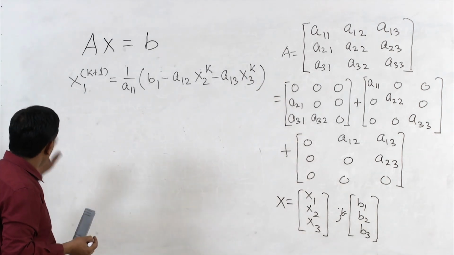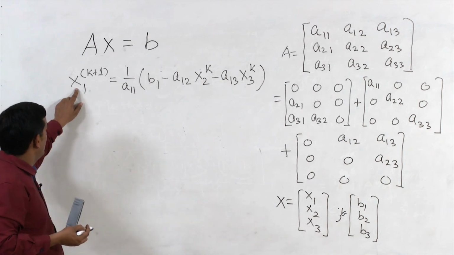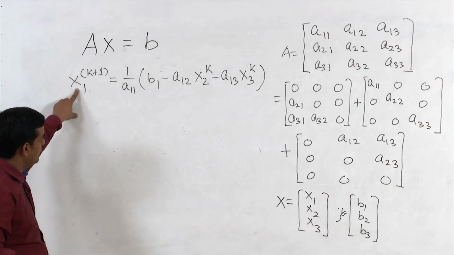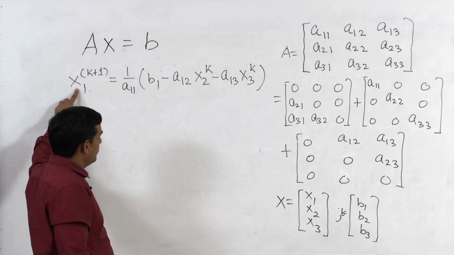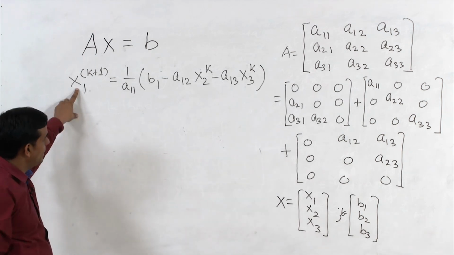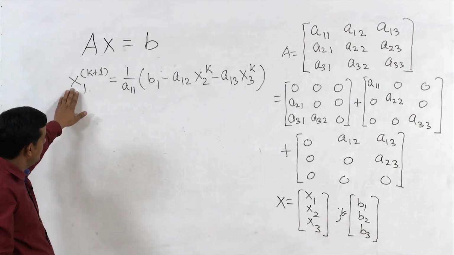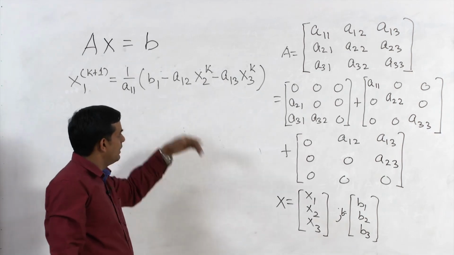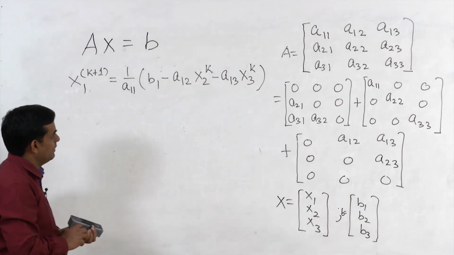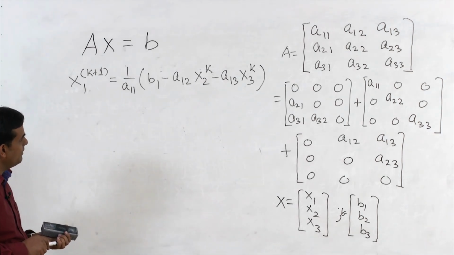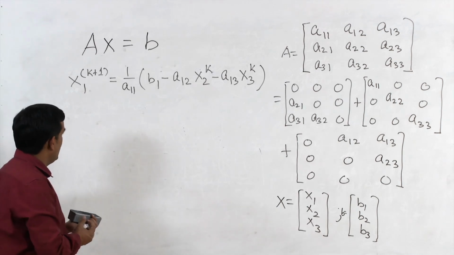So, what have I done? I have taken the variable which corresponds to the diagonal element of the coefficient matrix on the left hand side, and I have taken the rest of the 2 terms of the coefficient matrix on the right hand side.